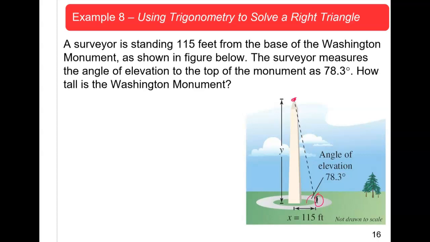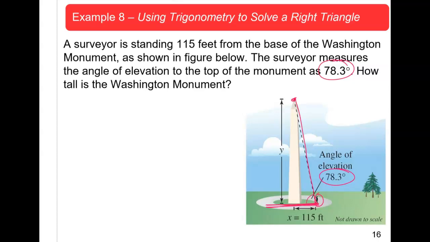It will be the angle formed from this horizontal and the line of sight, or it could be from his foot, I don't know. That angle is measured at 78.3 degrees. That's given to us in the problem. Based on that, we have to figure out how tall the Washington Monument is.